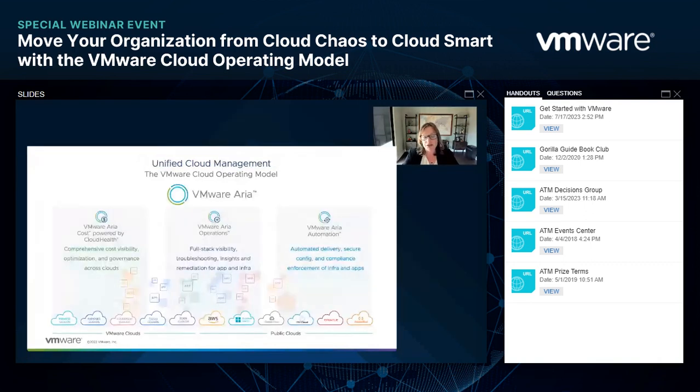So then on top of VMware Cloud comes VMware Aria. And this is a rebranding essentially of our cloud management portfolio to begin with. As we've realized that our customers like us no longer look at private cloud and public cloud separately, but as one pool of resources, we've brought together our cloud management solutions.